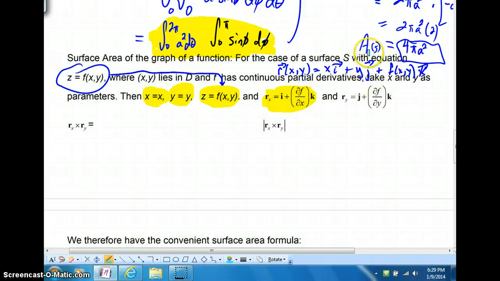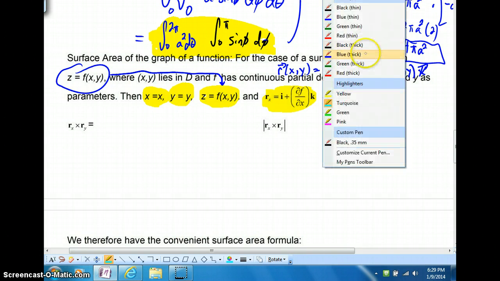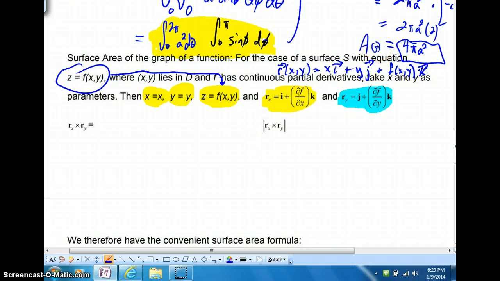The derivative of y is just a 1, and then we would be left with the partial derivative of f with respect to y times vector k. So what we have here are the two partial derivatives. Of course, we would very much like to evaluate their cross product.